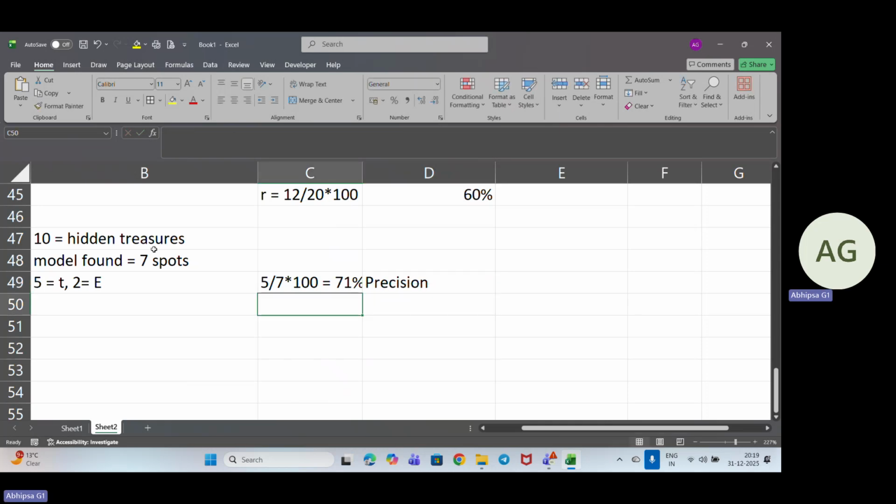Okay, now coming down to recall. Recall is how many treasures the model actually found, based on the number of treasures that were actually there. So it will be 5 divided by 10, times 100. So it is around 50%. Okay, so this is the recall value.